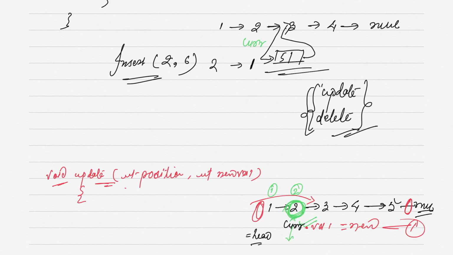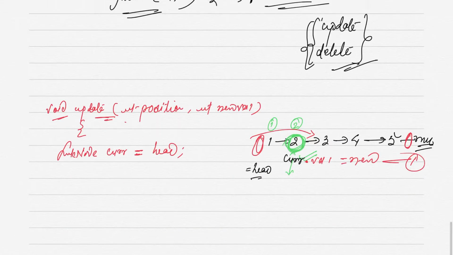So here, suppose Node current equal to head.